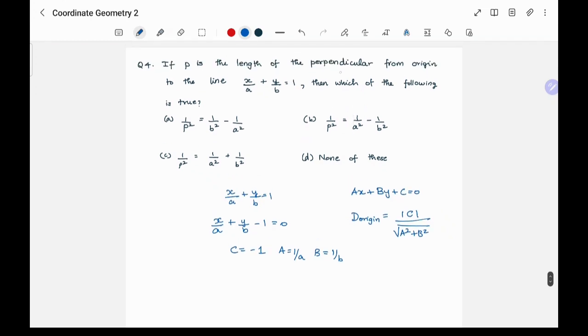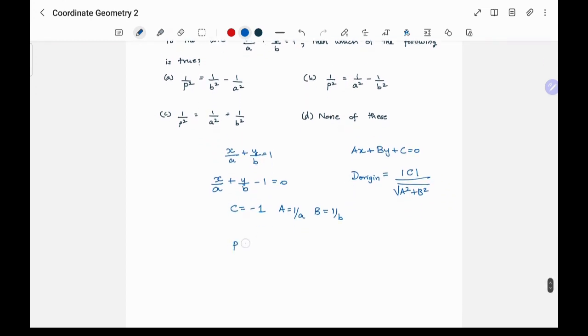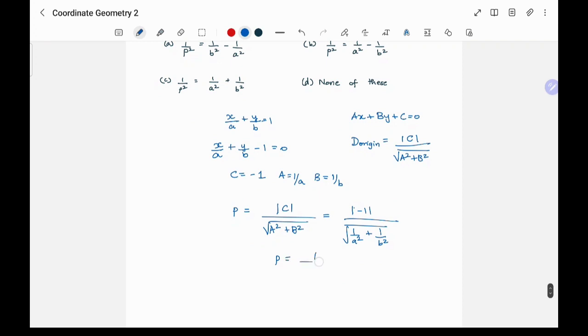And they are given the perpendicular distance from origin is p. So p is equal to modulus of c divided by root of a square plus b square, which is nothing but modulus of minus 1 divided by root of 1 by a square plus 1 by b square. So p is equal to 1 by root of 1 by a square plus 1 by b square.